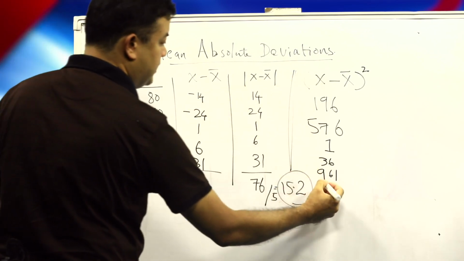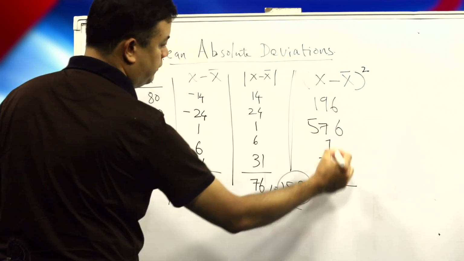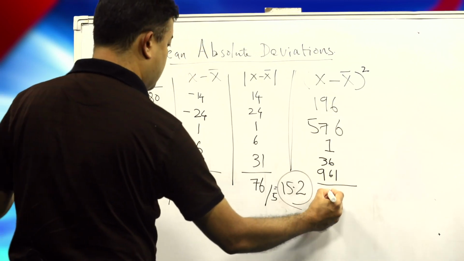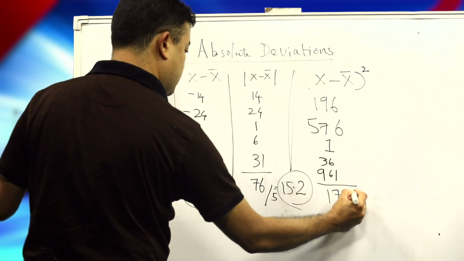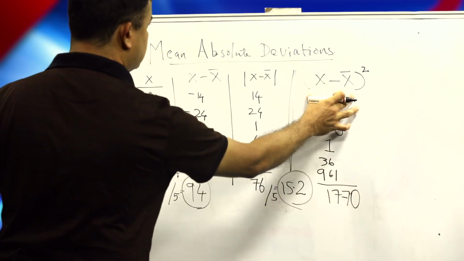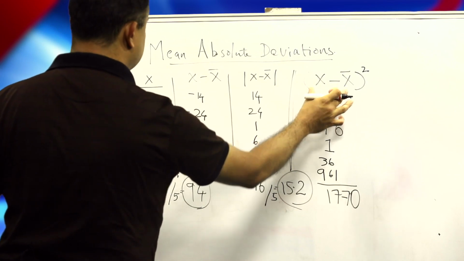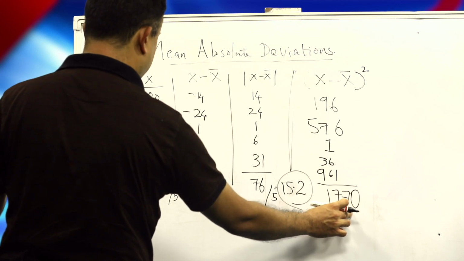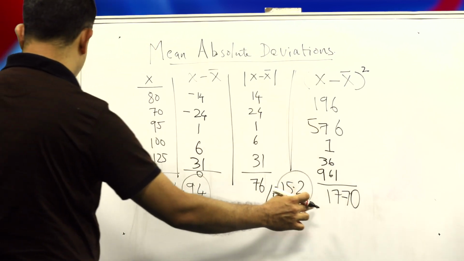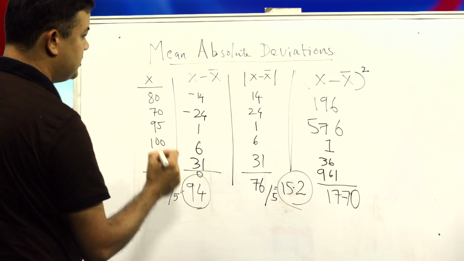Now the next step is to calculate the total of these. The total comes to be 1770. This is the total of the squared deviations about the sample mean, the first step to calculate the variance of this data set. Next step is the degree of freedom. So what is the degree of freedom?